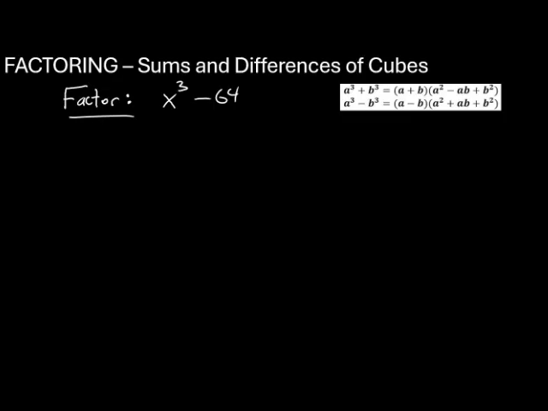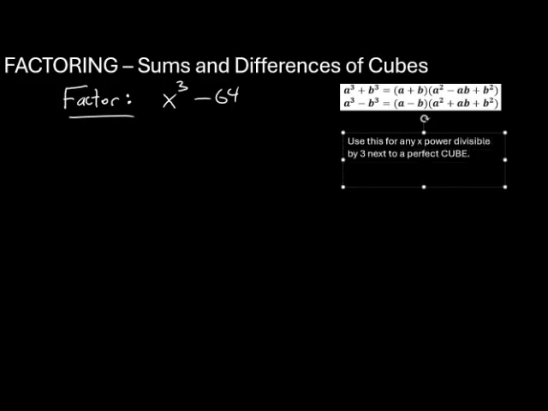There's another variation on this formula that you can use for perfect cubes. That is, any x power that is divisible by 3 and any perfect cube. There aren't that many perfect cubes that you'll have to remember for this class, but the ones that come up the most often are 8, 27, 64, 125, and 216.